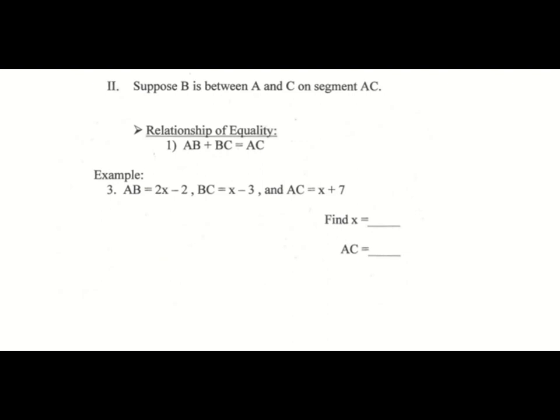For our last example, this relationship of equality is if we have a segment AC, but this time B is not the midpoint. B is just somewhere within our segment.